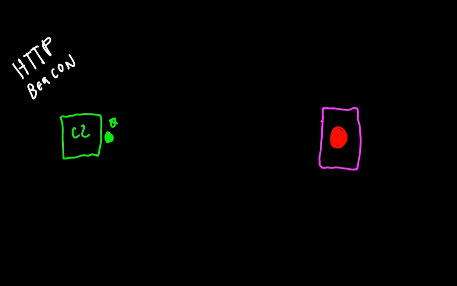Now, let me explain what the HTTP beacon payload is doing. It's beaconing. What this payload will do is it will connect to the Cobalt Strike C2, and it will make a GET request to some URI. And in that GET request, it's asking Cobalt Strike, its controller, do you have anything for me to do?